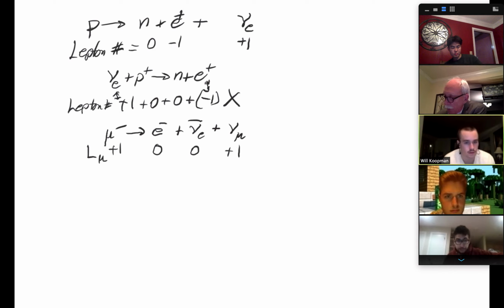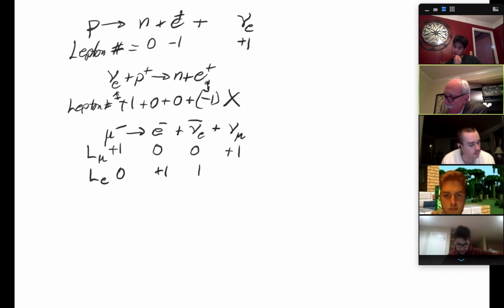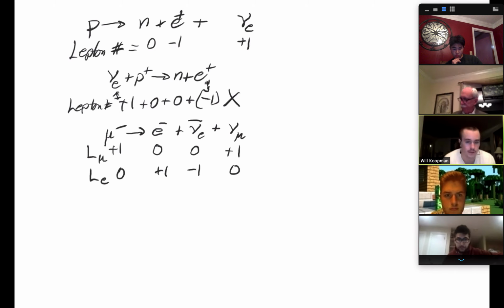So it works for the muons. Now let's check the lepton number for electrons. Muon has 0. The electron has plus 1. What of the antineutrino? Isn't that a minus 1 for an electron? Yes, the anti-neutrino. So it works. It's minus 1.